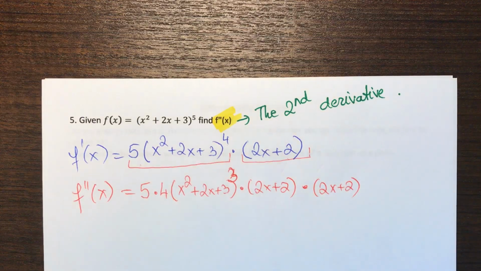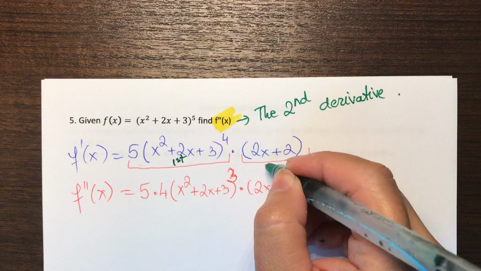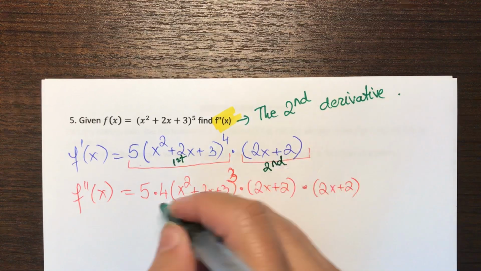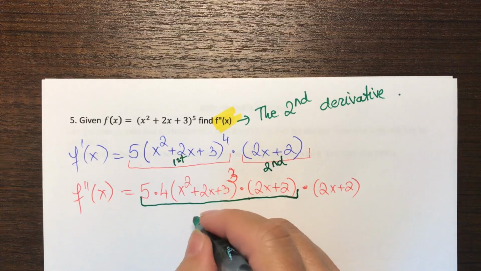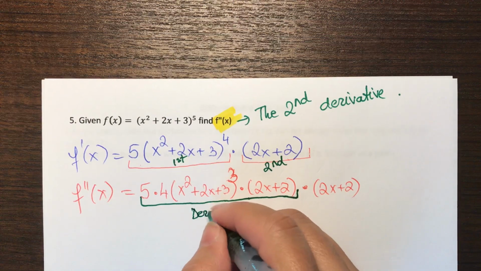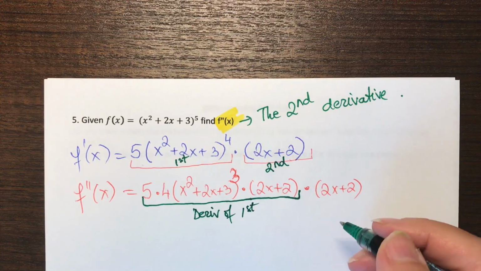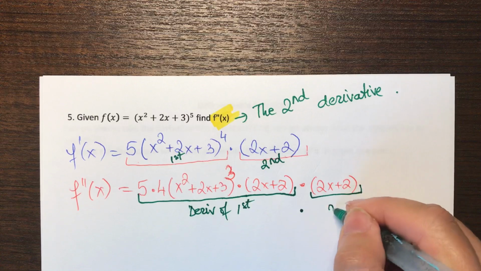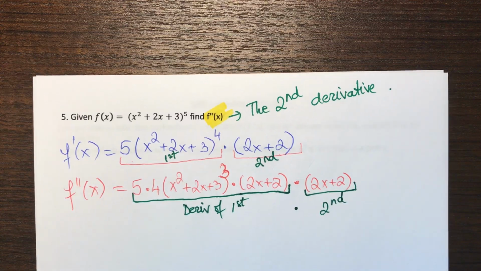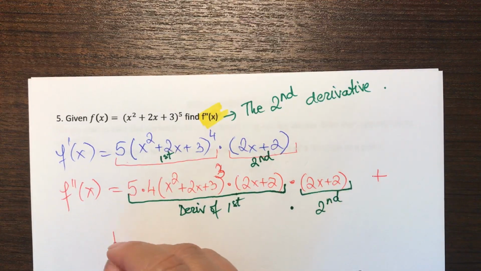So let me write this down one more time. What did I do? This is my first factor. This is my second factor. Right here, I just took the derivative of the first, as the chain rule, as the product rule says, times the second factor as it is. Yes, that's the product rule. Now plus, what do we do next?